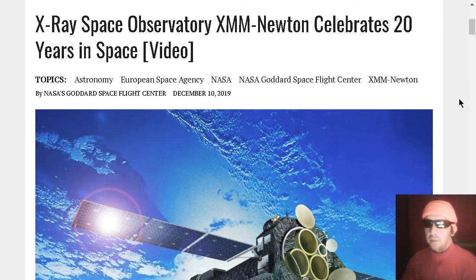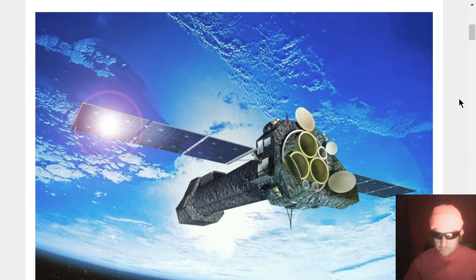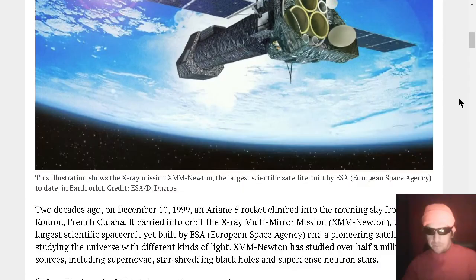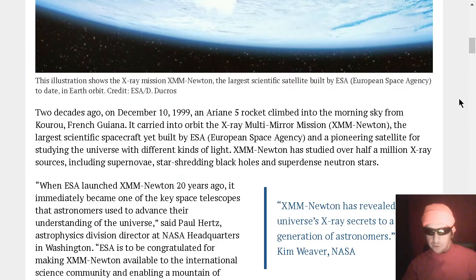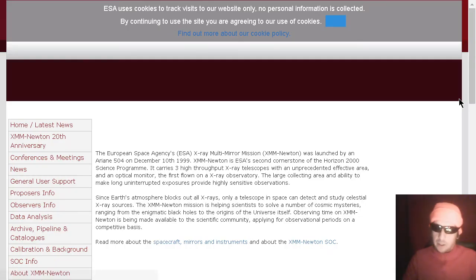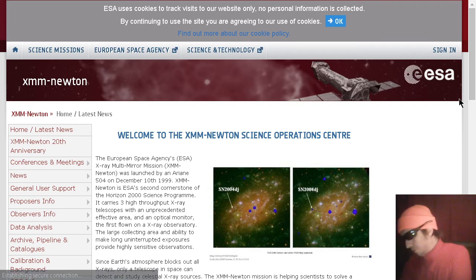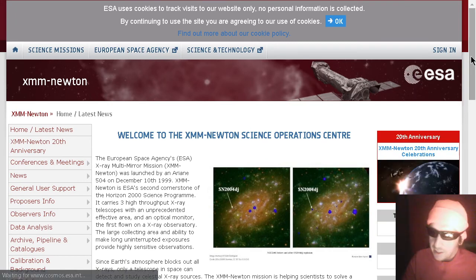Happy birthday to the XMM Newton, celebrating today, actually yesterday, 20 years in space. It's the largest object ever built by the ESA, and it's an X-ray observatory. So read about that if you like. Also, you can't report the science news instantaneously, folks, because it takes a second to sink in. So I apologize for the science overload that's been happening.